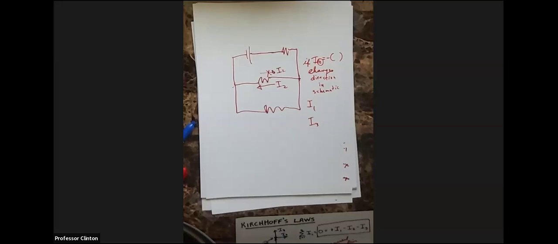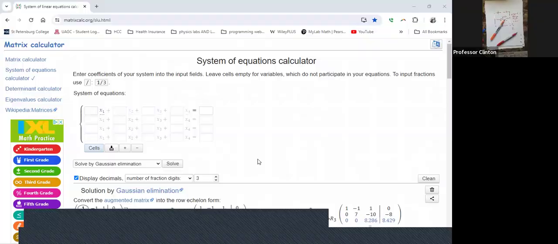We're going to pause, and I'm going to get you the link for the other site for simultaneous equations. Okay, so here is the site, one site that I found. I'm sure there's others. There's probably tons of them that allow you to solve a system of equations.